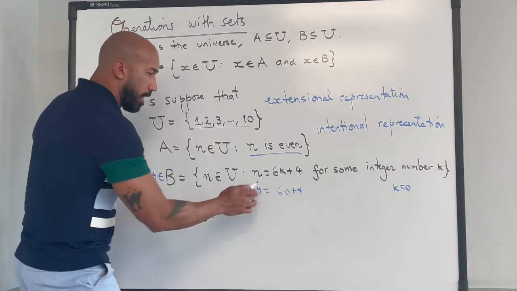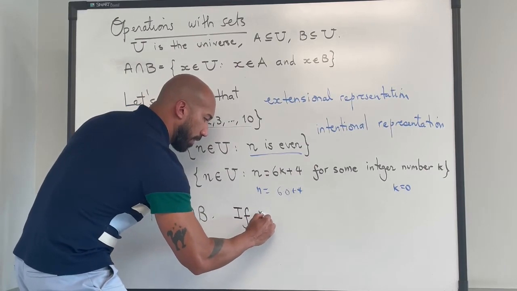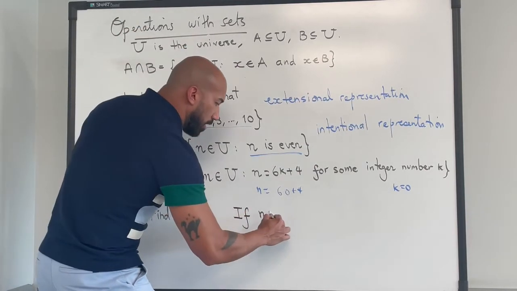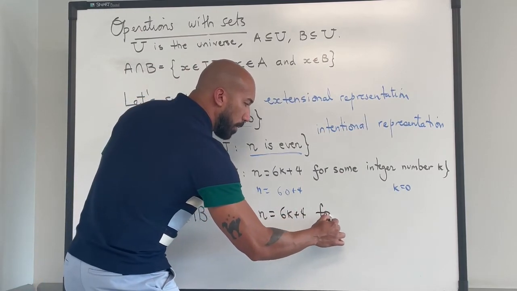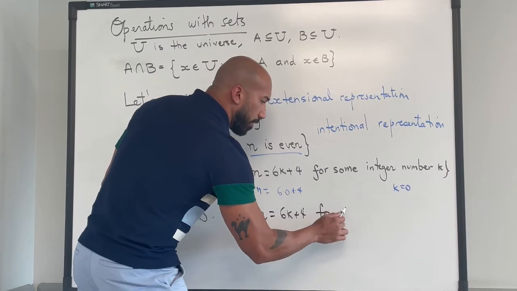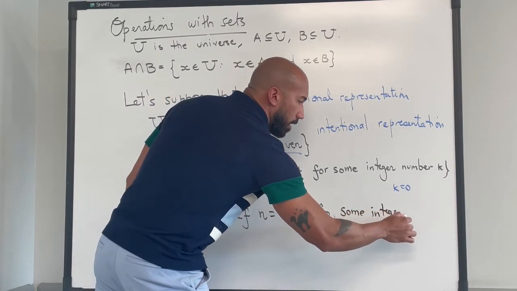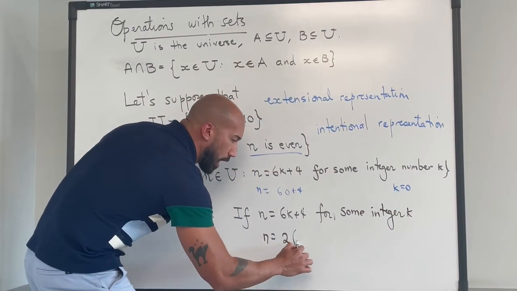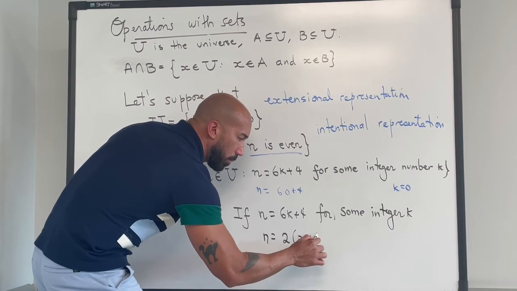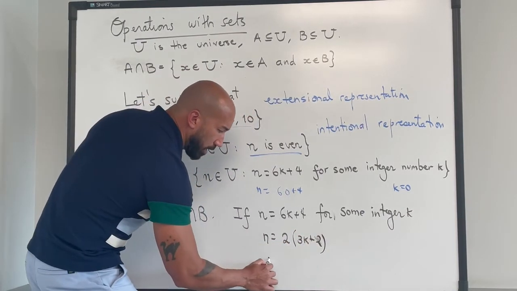Well, if n is equal to 6k plus 4 for some integer k, n is equal to 2 times (3k plus 2), which means that n is even.